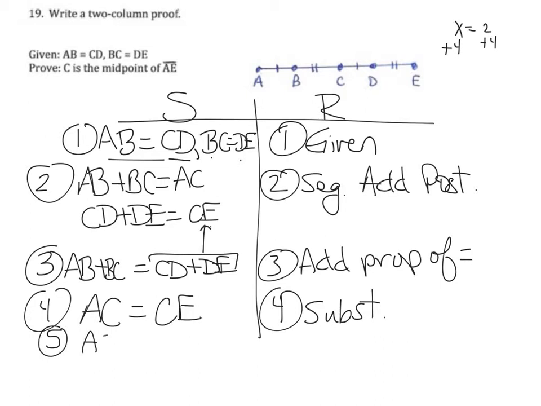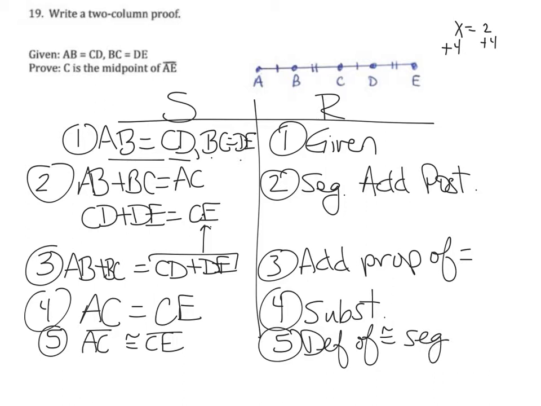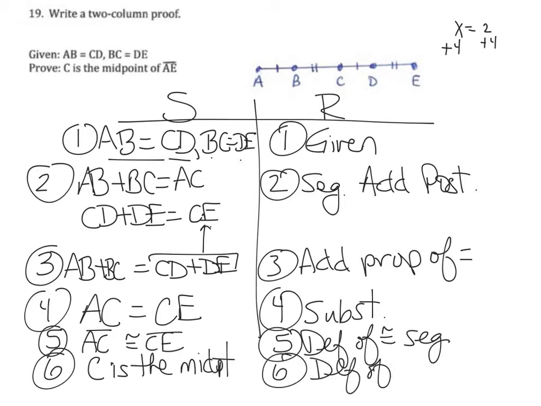So now I have to say that segment AC is congruent to segment CE by definition of congruent segments. And then in the last step, because I now know they're congruent, I can say that C is the midpoint, and why? Because of definition of a midpoint.